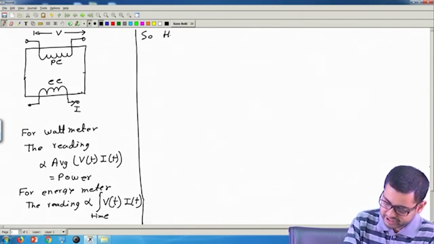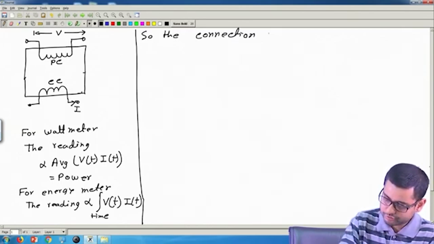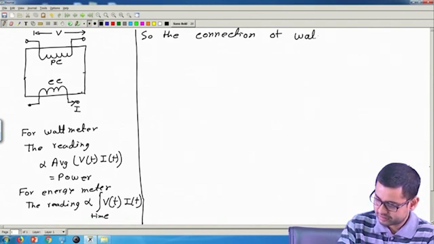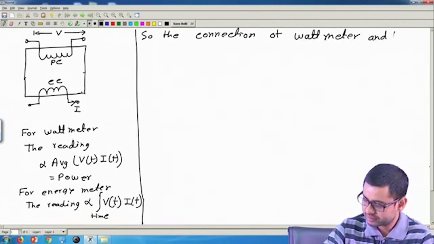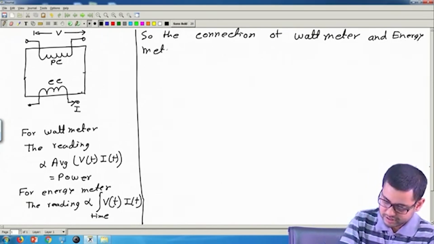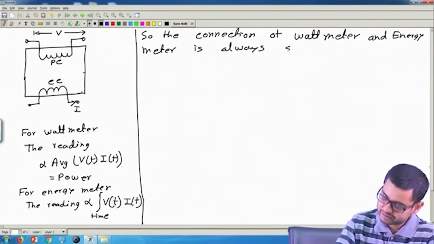So, the connection of watt meter and energy meter is always similar.